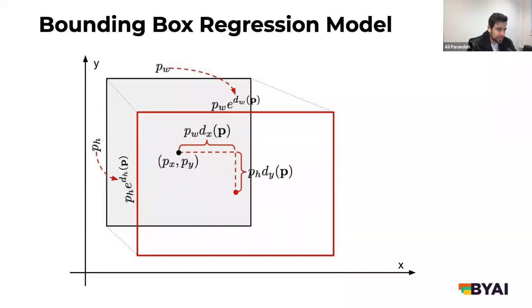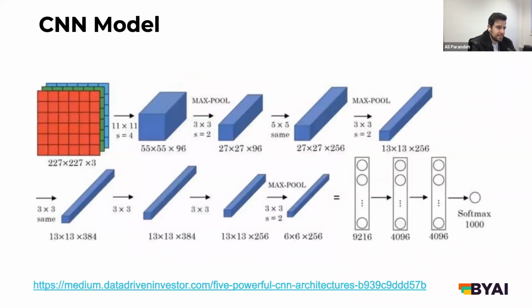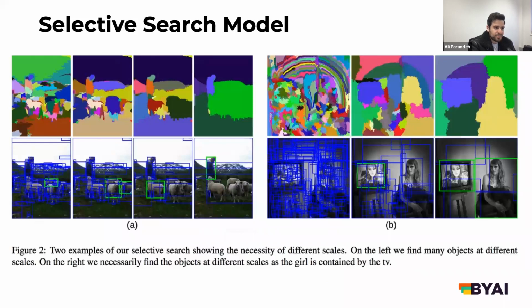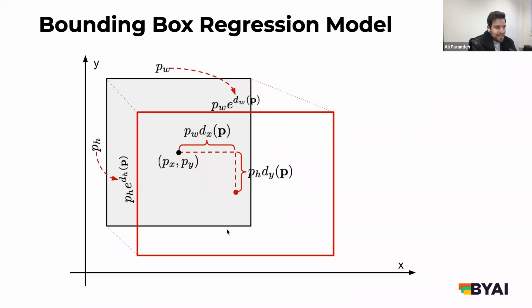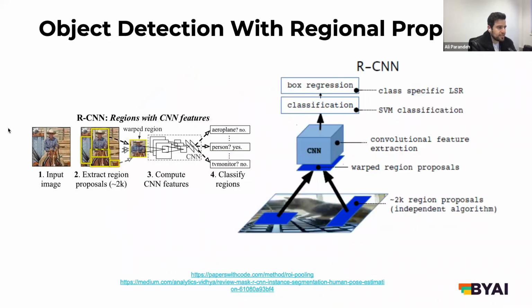The same author that proposed this architecture and method realized how slow this basic methodology was. And then he thought to himself that one of the biggest parts of the model was having to pass every image through this whole process. So for each image, you have to take 2K region proposals, pass them through this CNN, and then do classification and regression.